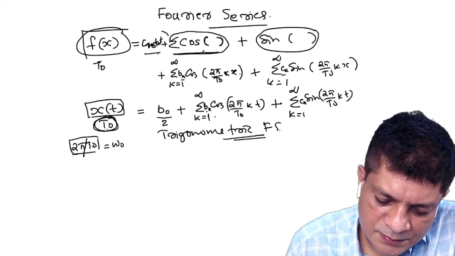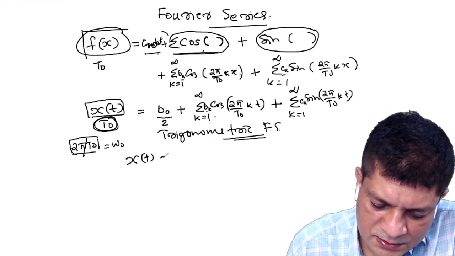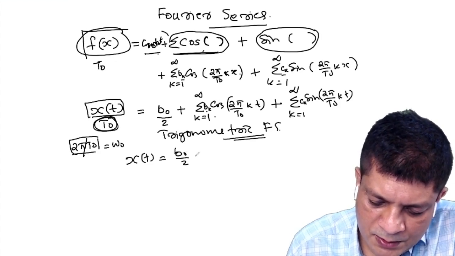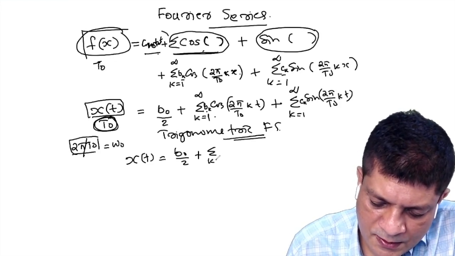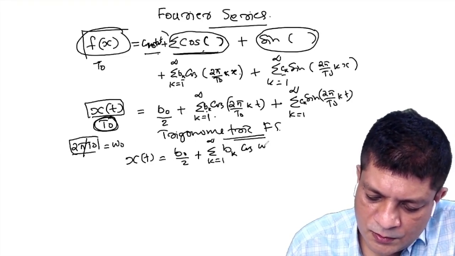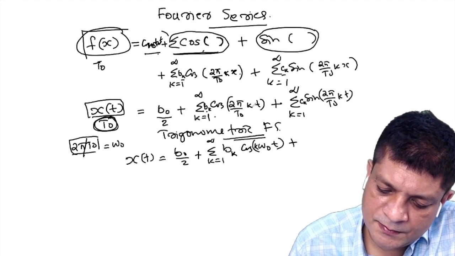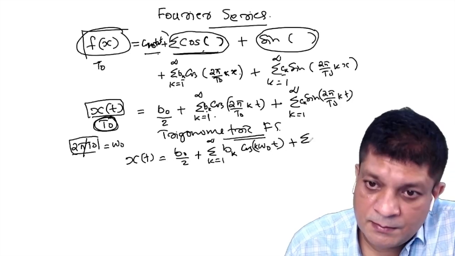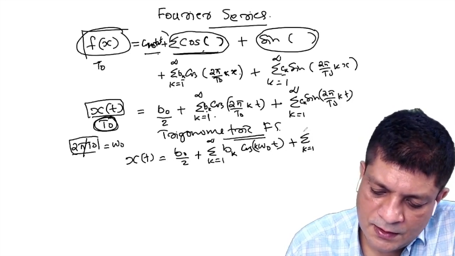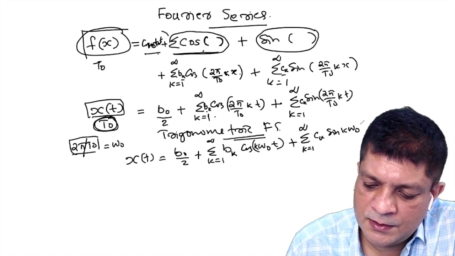In terms of this fundamental frequency, let us write x(t) equal to b naught by 2 plus the summation over k from 1 to infinity of bk cos(k omega naught t), plus the summation over k of ck sin(k omega naught t), isn't it?